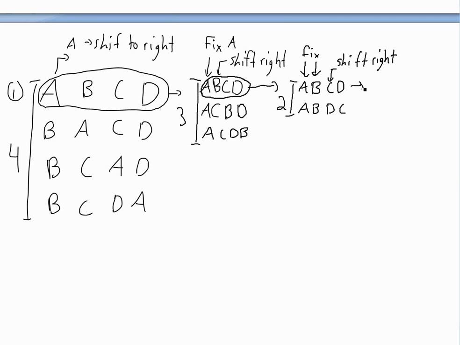And then we do the same thing for this last one, A, B, C, D. We fix these 3, and we shift D to the right, but it can't shift anymore, so this is all we're left with. And this one has 1.